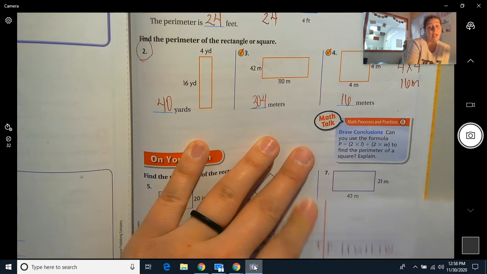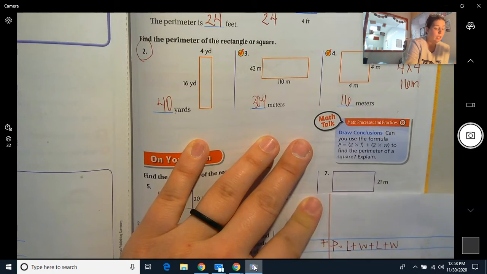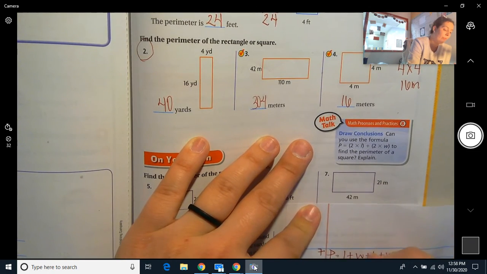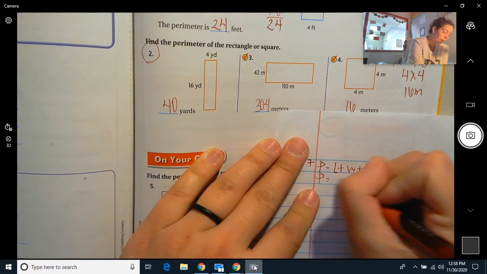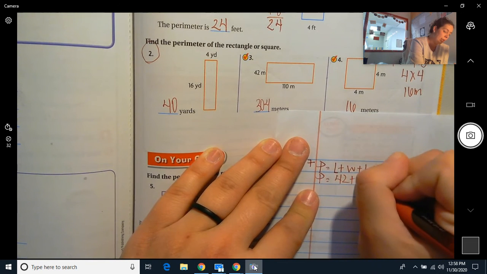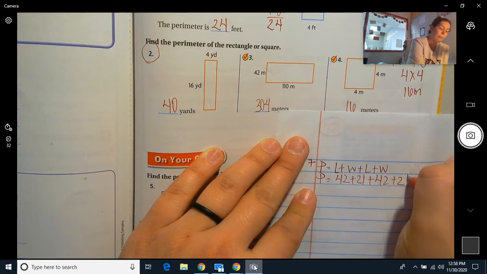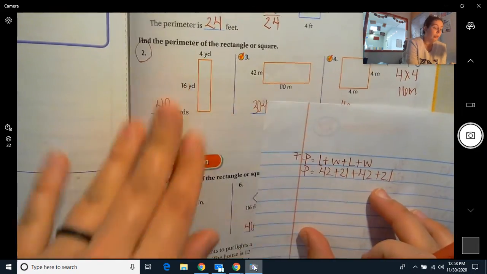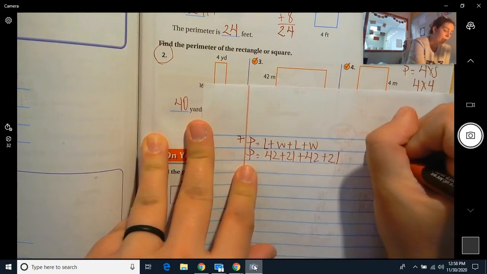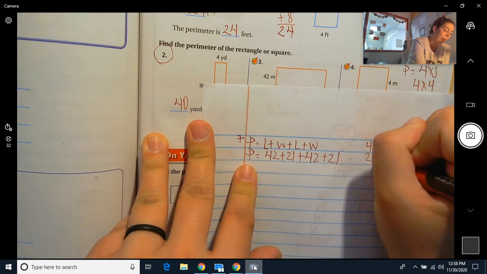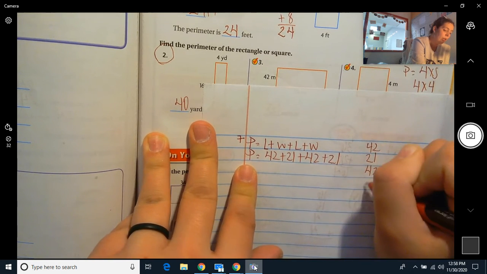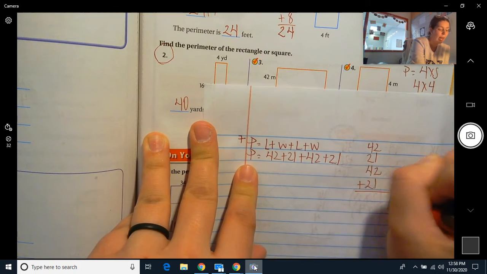You still have to write out your formula when you add. Now I'm going to write out perimeter equals 42 plus 21 plus 42 plus 21. And then to really do my work, which I know a lot of you probably just wrote this down without writing the formula.